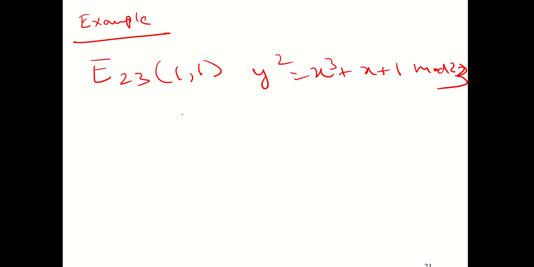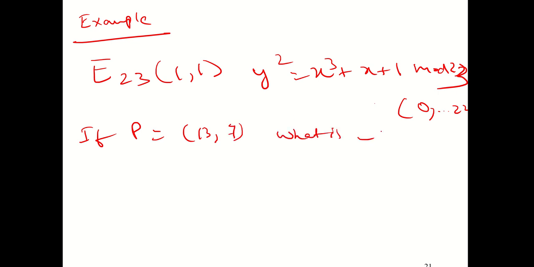So this is the question. Now mod 23 means it starts from 0 and ends at 22. This is the scenario. Now if p is equal to 13 comma 7, what is minus p?